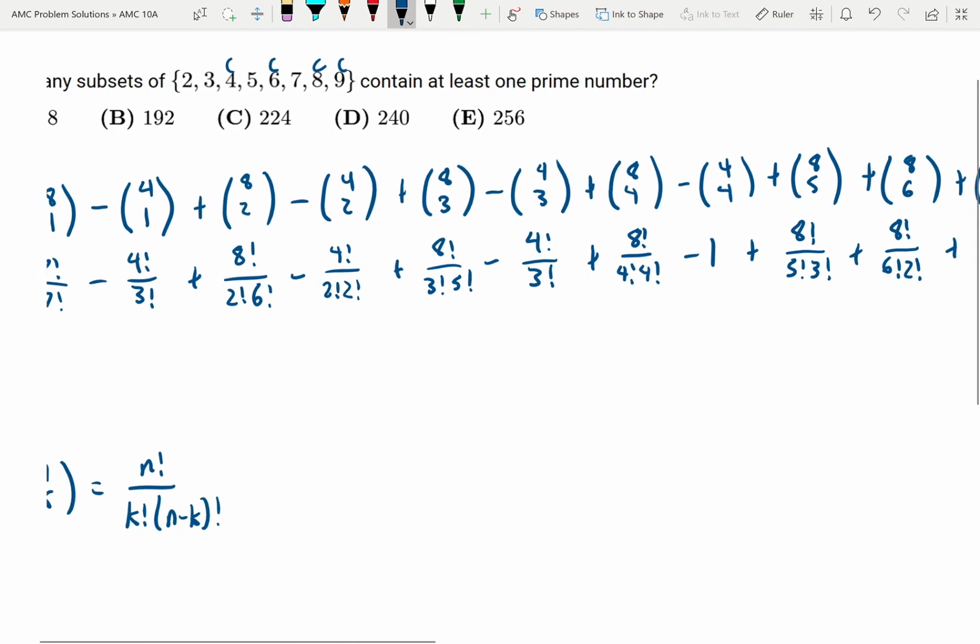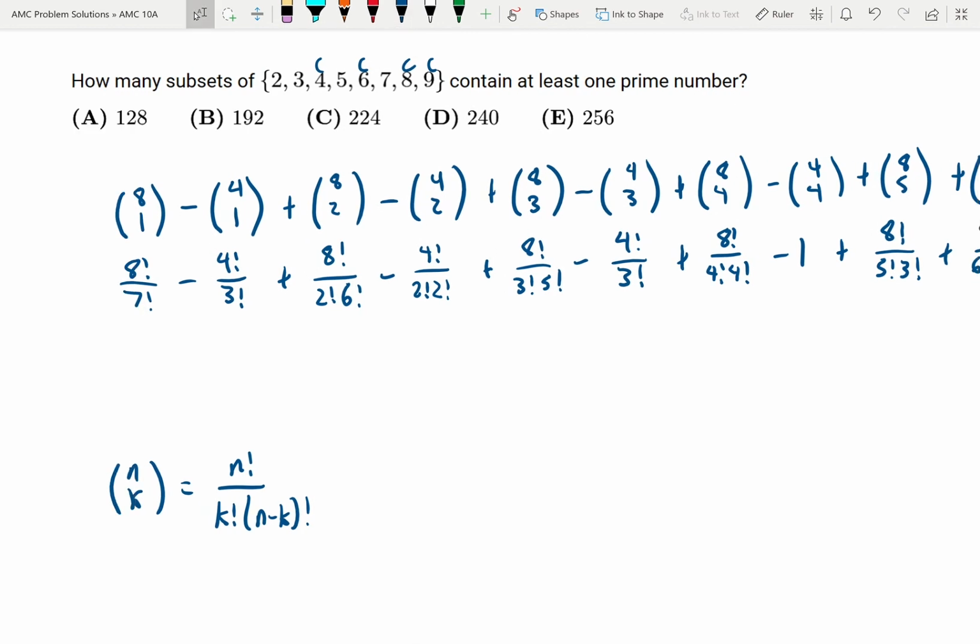Okay, so doing all this math, 8 factorial over 7 factorial is going to be 8. This is going to be minus 4. This one's going to be 28. 4 factorial over 2 factorial, 2 factorial is going to be 6.